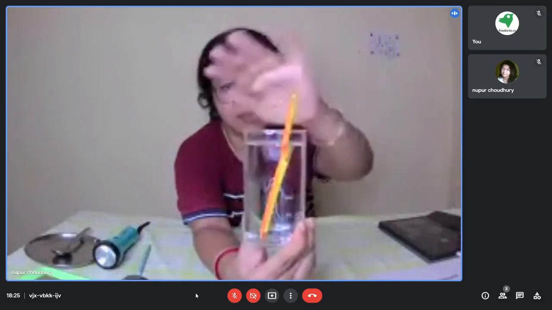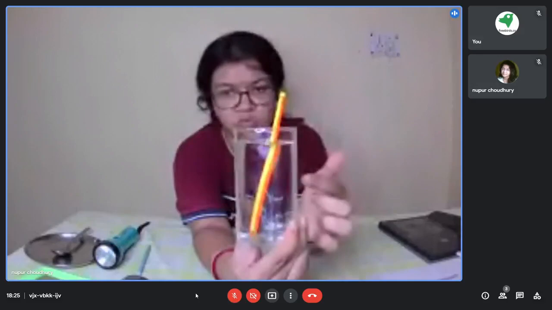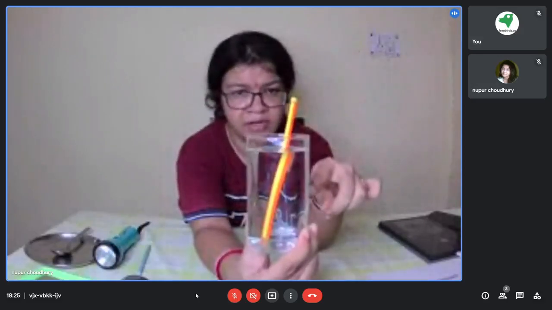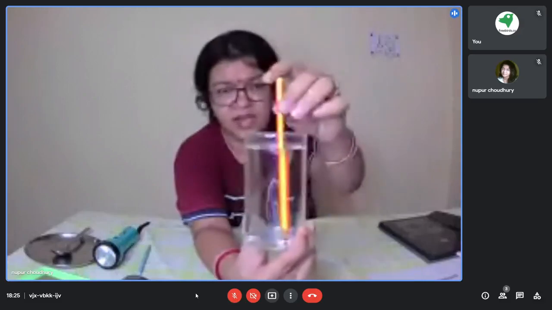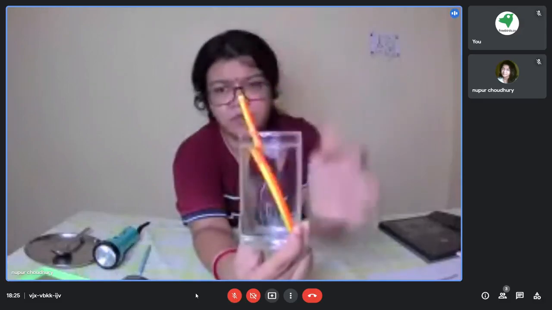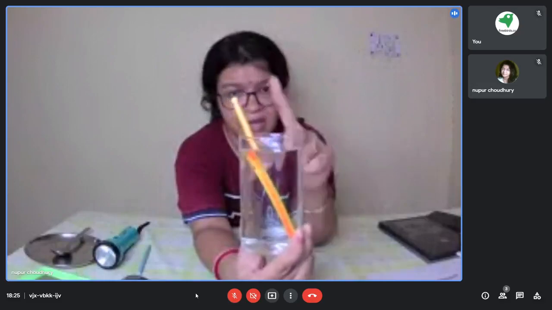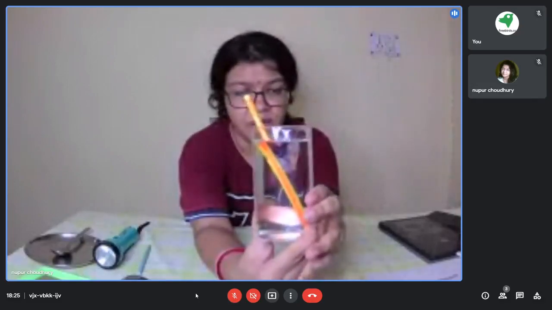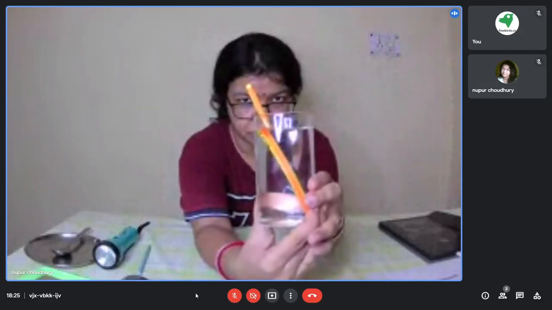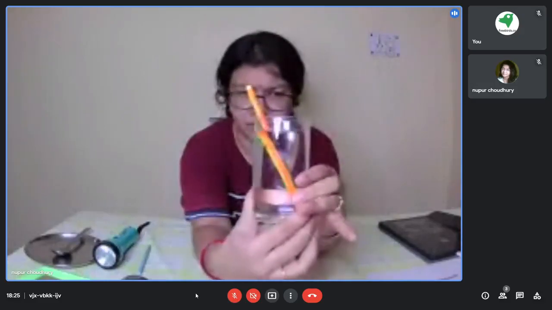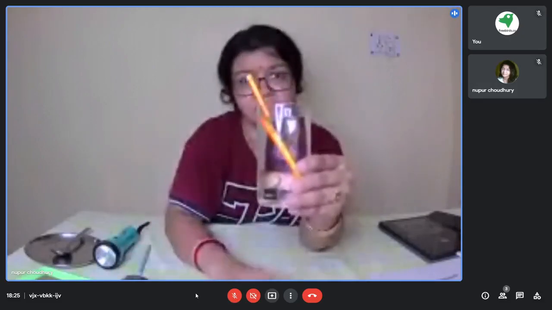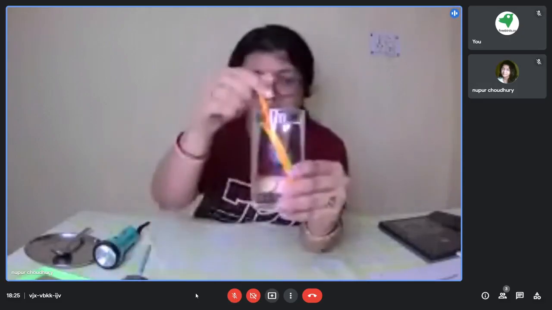This is happening because this is air and this is water, so there are two different mediums, and the light is traveling from a rarer medium to a denser medium. Hence, the refraction is taking place, and what you can see here is a broken pencil. This is one of the very interesting experiments which you can show to your friends and family members to show how refraction works.